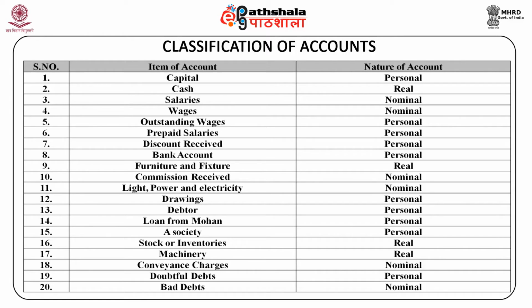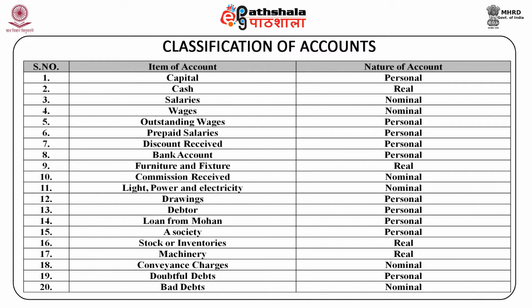Prepaid salaries account will be classified as personal account. Discount received account will be classified as personal account. Bank account will be classified as personal account. Furniture and fixture account will be classified as real account. Commission received account will be classified as nominal account.